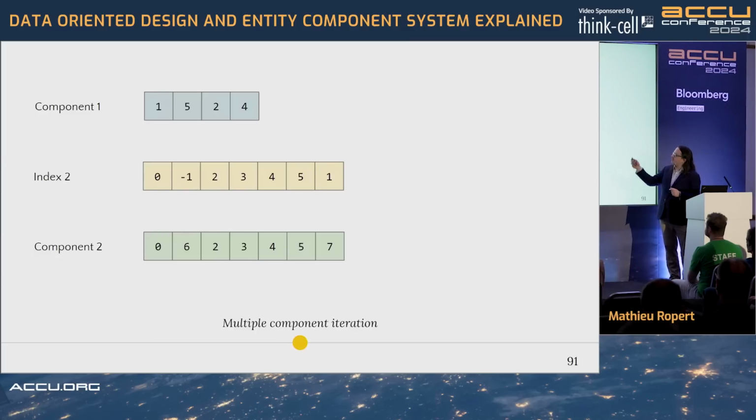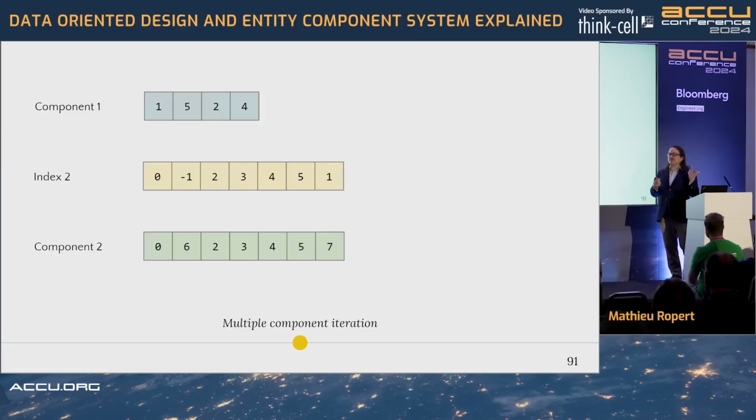And then for all the other ones, we do a lookup by looking at their entity ID. So it's not a zip view. You will still get somewhat random access on the other components, but the hope of the creator of EnTT is that usually you're lucky enough to have a component table that is way smaller than the other one, so it's not that big of a deal.